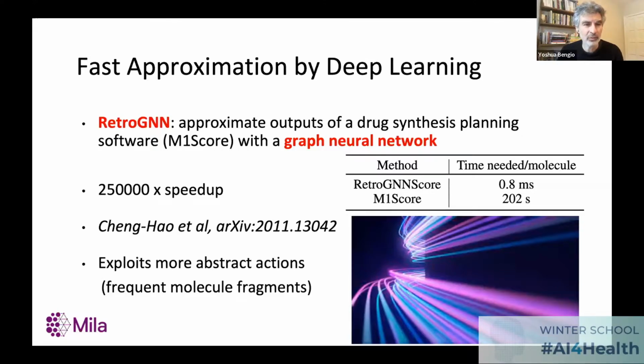So there's an experiment we ran where we got a 250,000 times speed up compared to an existing scoring function for drug synthesis: how synthesizable is the molecule, using a trained neural net, a special kind of neural net that works on graphs, that I'll mention. And we got a huge speed up using that.